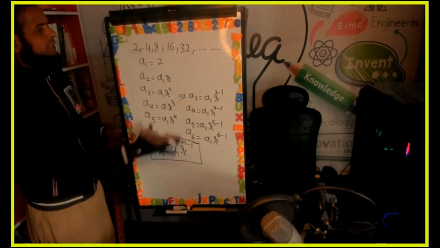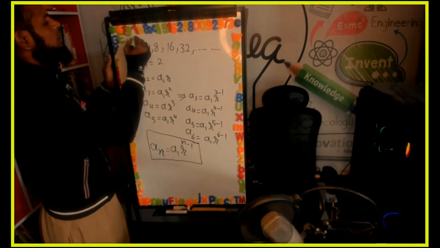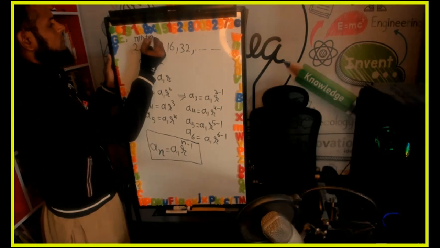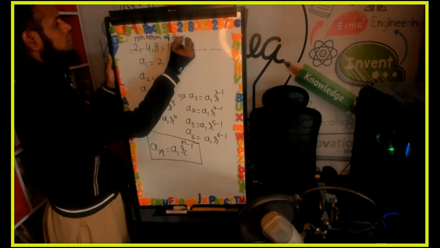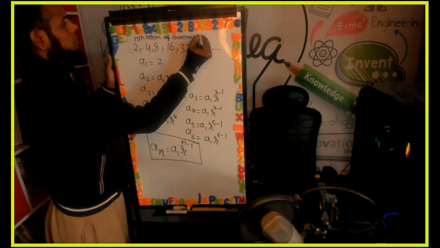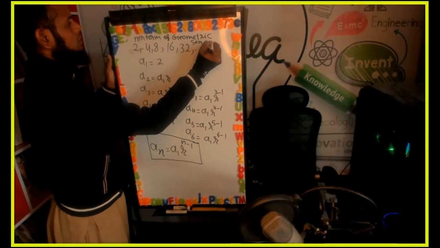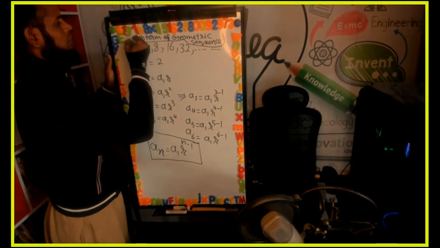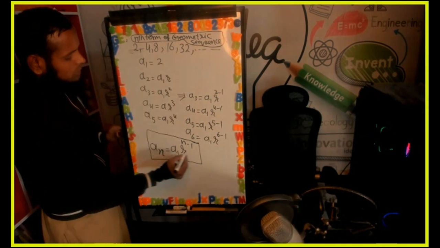You should write this in your notebook and give the heading nth term of a geometric sequence, and this is the formula.